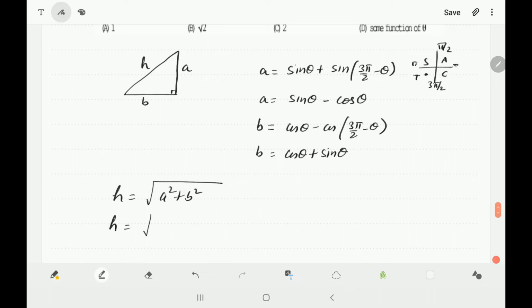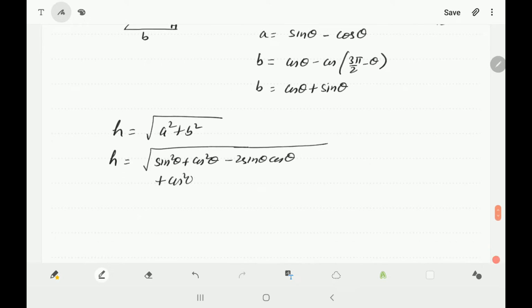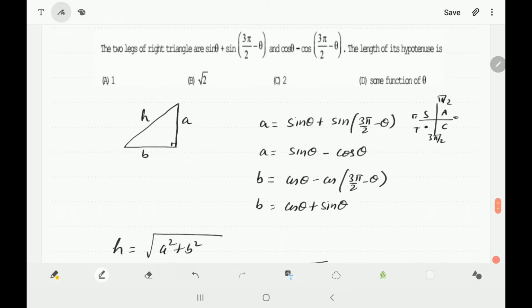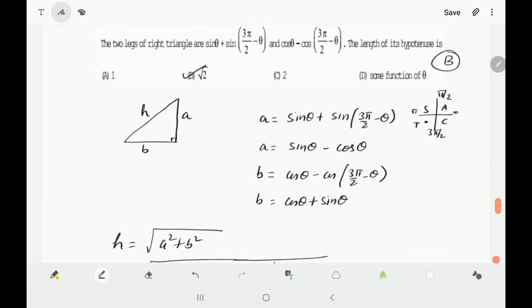So hypotenuse will be under root of a square, which is sine square theta plus cos square theta minus 2 sine theta cos theta, and b square is cos square theta plus sine square theta plus 2 sine theta cos theta. Now if you see, these two terms will cancel out. Sine square theta plus cos square theta is 1. 1 plus 1 will be equal to 2. So the answer for this problem is root 2, which is option B.